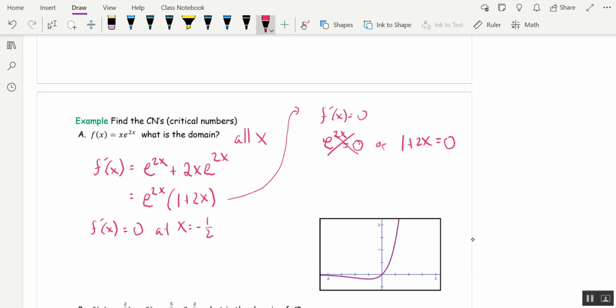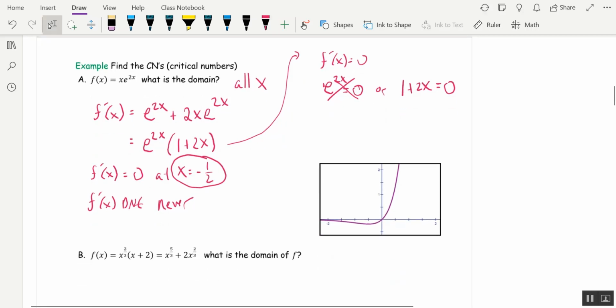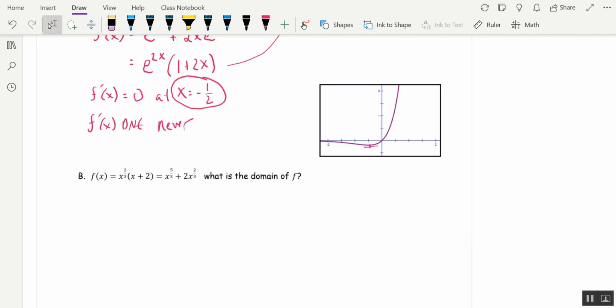So that's how I got that. And then f prime of x does not exist. That's the other place where you could have a critical number, and that happens never. So we've only got one critical number, and it's at negative 1/2. And you can see in my picture, there is a local min there, and in two sections, we'll learn a test that will tell us at a critical number, do we have a local max or a local min? But right now, we just need to practice finding critical numbers.